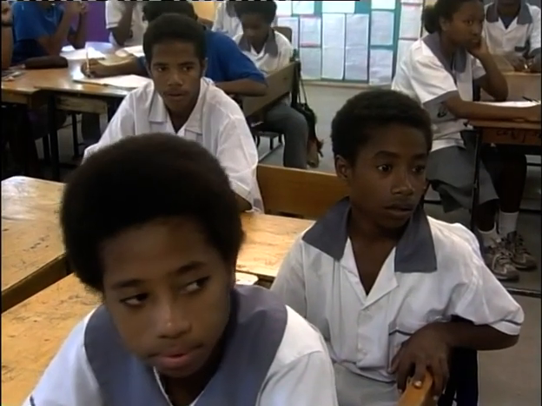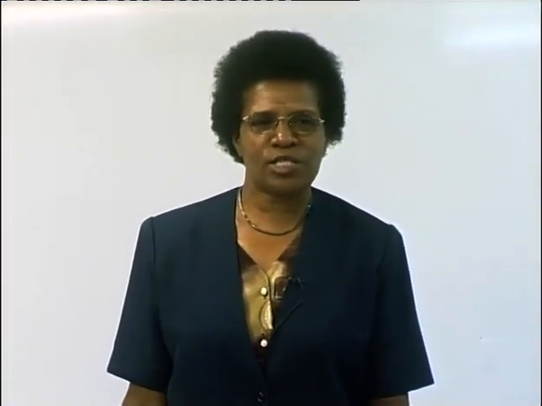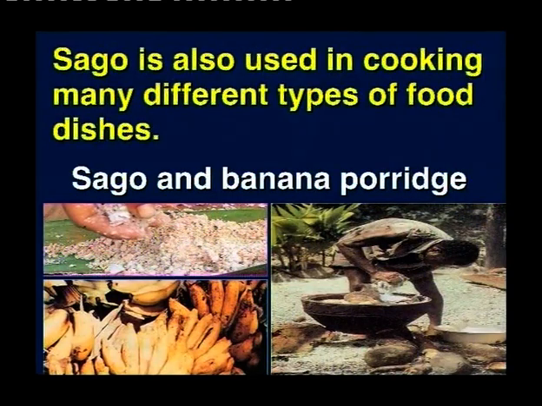You have just heard Raymond tell us one of the food dishes that can be made from sago flour, and there are a lot more that can be made. Probably the dish Raymond has told us uses sago and ripe bananas, which is known as sago and banana porridge.